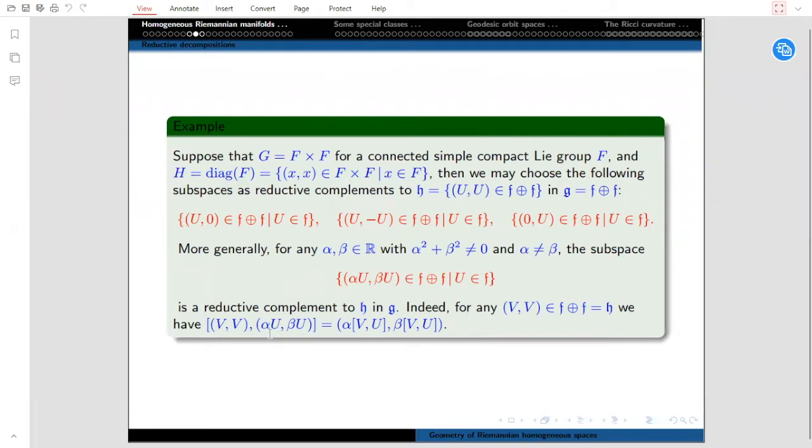Okay. Therefore, this example shows that a reductive complement need not be unique, and therefore we can choose one of these complements for a given problem.